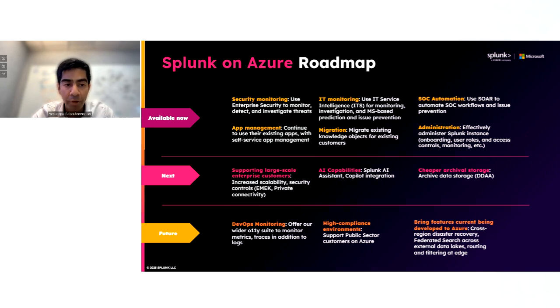But starting at the top, right? What's available now? We are very excited to say that we have our most popular products, which is Splunk's cloud platform, what's sometimes called Splunk Core, as well as our security monitoring solution, which is Enterprise Security, our IT Service Intelligence, ITSI for short, as well as our SOC automation product, SOAR.